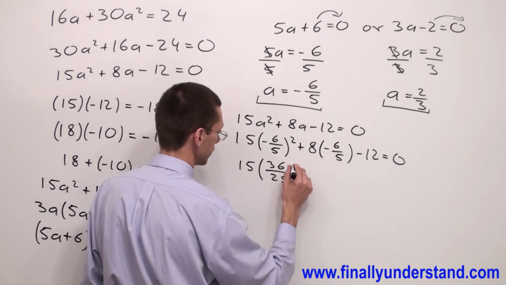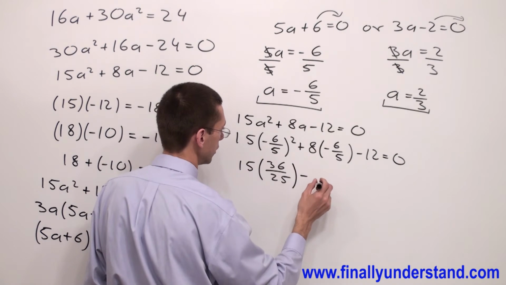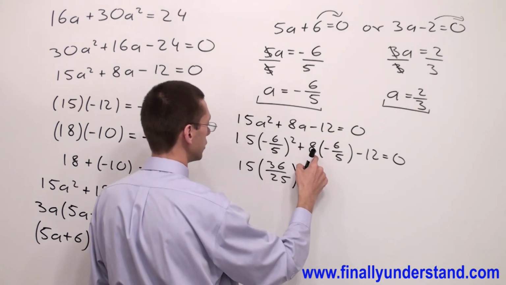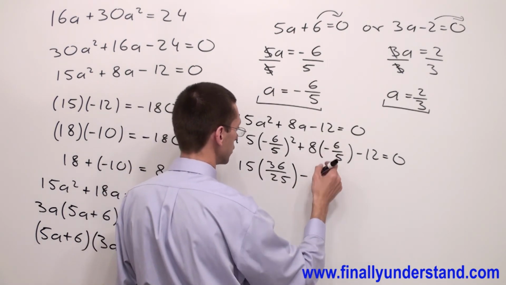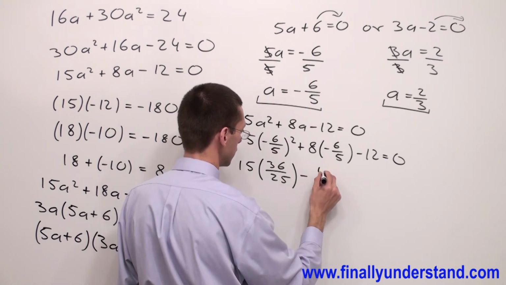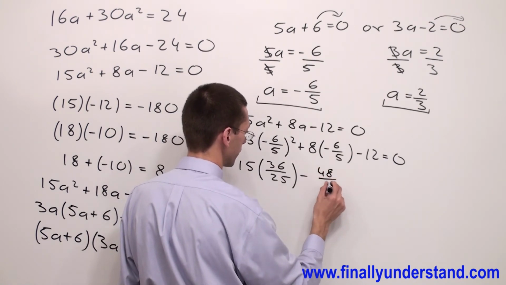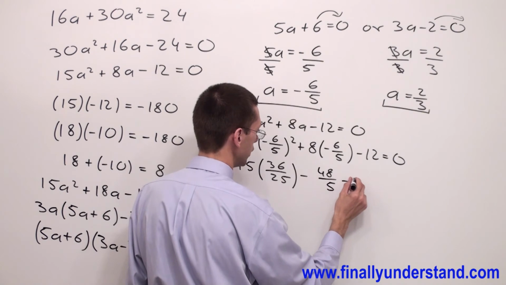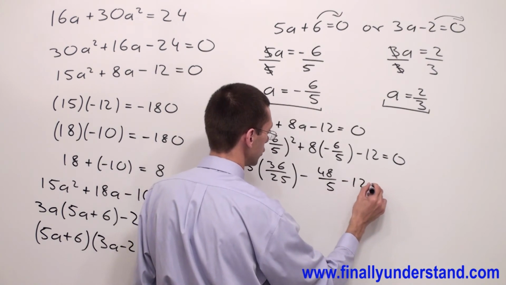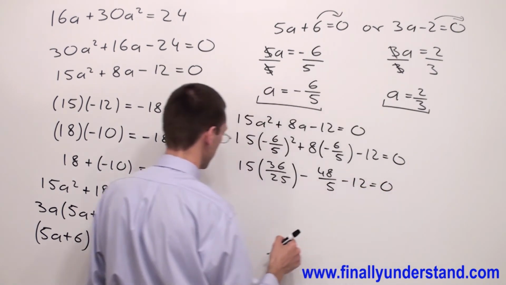Positive times negative gives me negative. And I have 8 times 6 is 48 over 5 minus 12 is equal to 0.